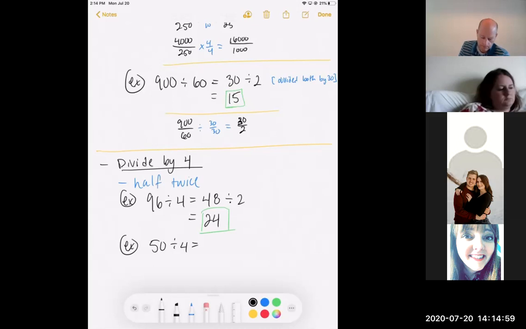Fifty divided by 2, and that is 25. And you divide that by 2, and it's 12.5. Good. Nice.